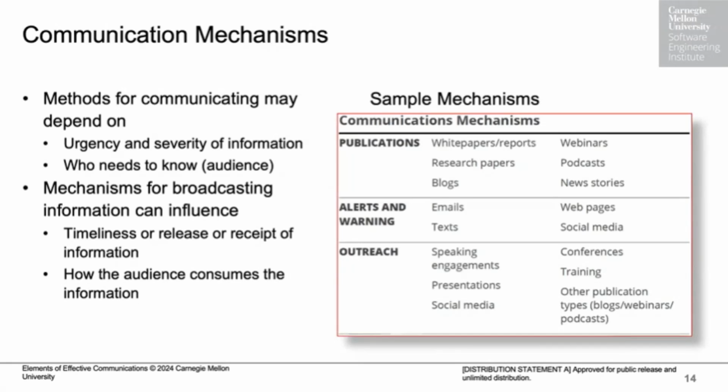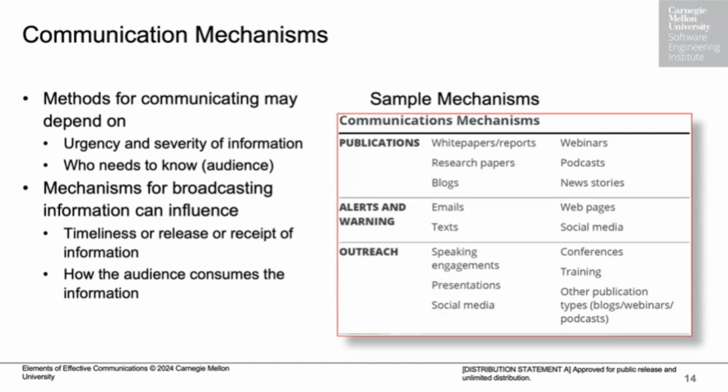If you have a very specific list of people that you need to have this information right now, and you can communicate it to a wider audience later, that may not be a social media kind of thing, right? So each one of these mechanisms has a purpose. And when you're defining your communication plan, the mechanism is driven by the kind of communication you would like to put out.